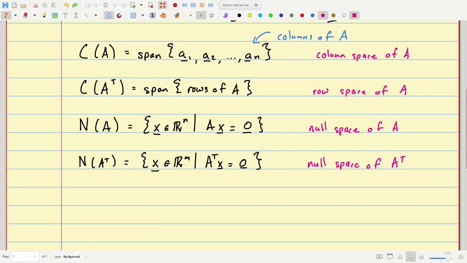Now, when it comes to how we interpret what's going on here, someone asked about the rank of a matrix. Now, the rank of a matrix is connected to what's going on with the column space and the row space of a matrix.